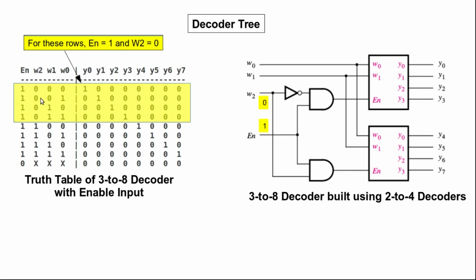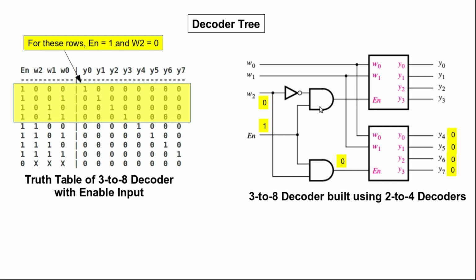Now when this is the case, the output of this AND gate will be 0 because this 0 is connected to the AND gate. And since the output of this AND gate is connected to the enable input of the 2 to 4 decoder, all the outputs of this 2 to 4 decoder will be 0.